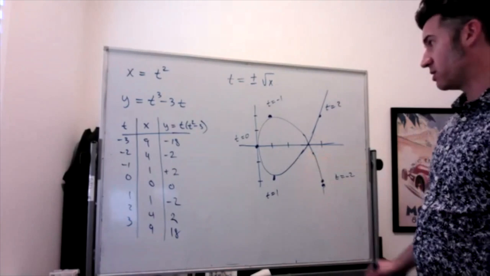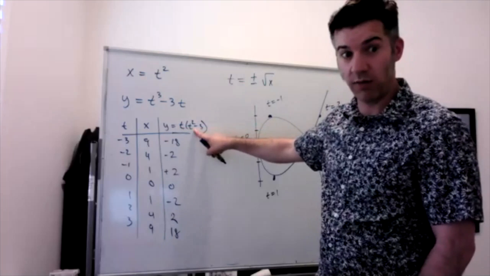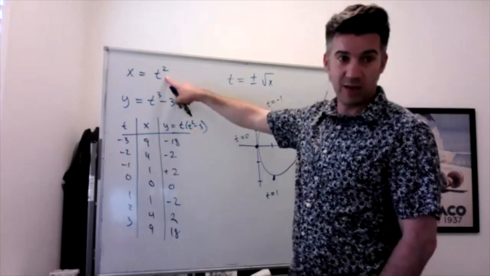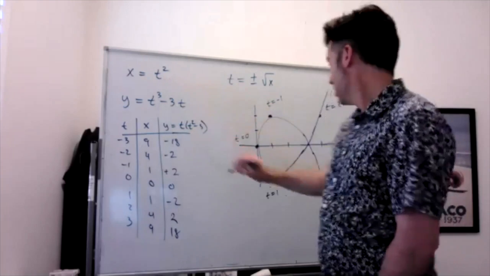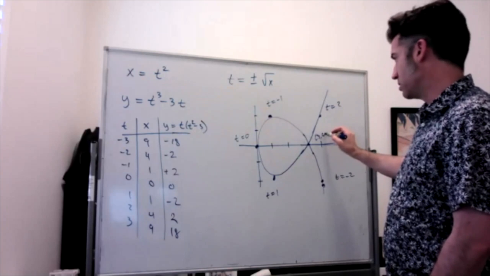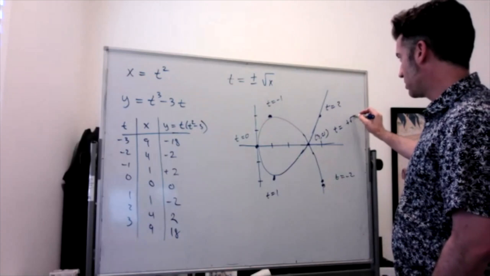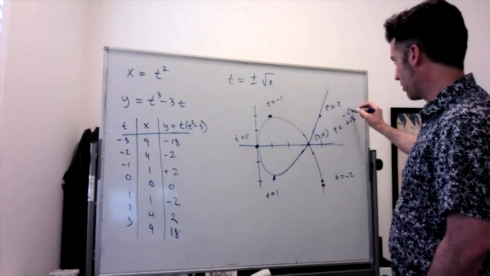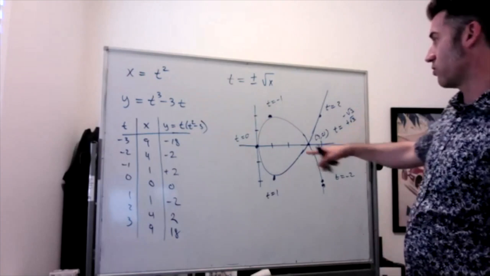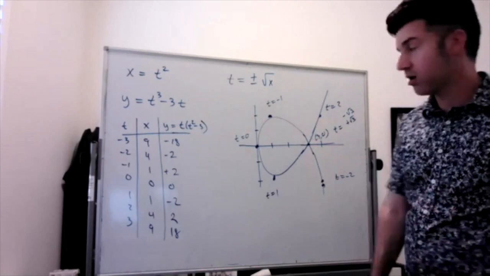So we set y equal to 0, we get t equal to 0, but we also get t equal to plus or minus square root of 3. And when t equals plus or minus square root of 3, x equals 3. So this point here, which is the point 3, 0, is when t is equal to both positive root 3 and negative root 3. And the place where the function crosses itself is where your loop is going to start and end.